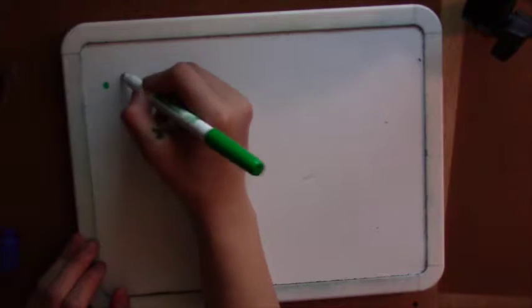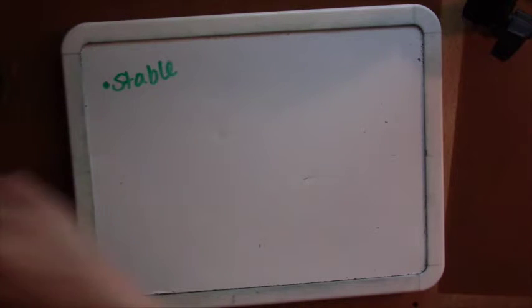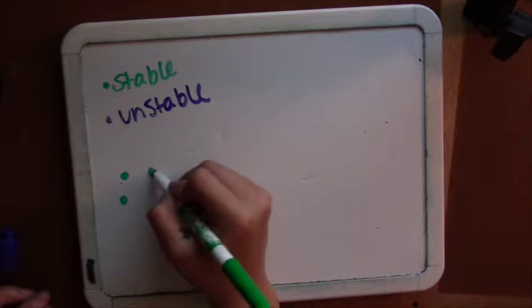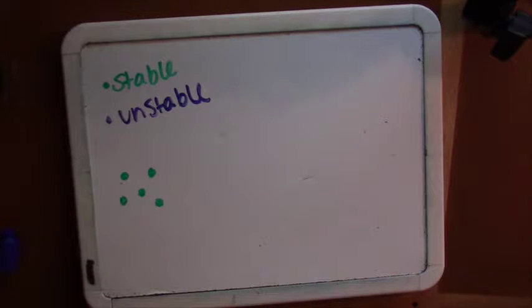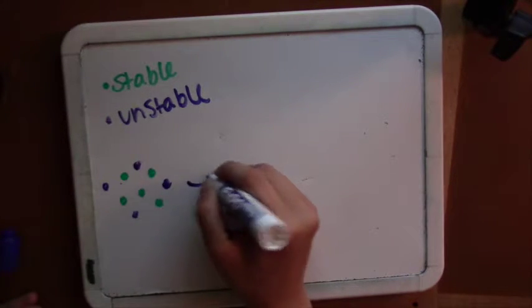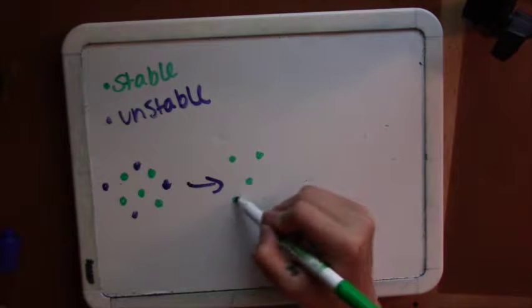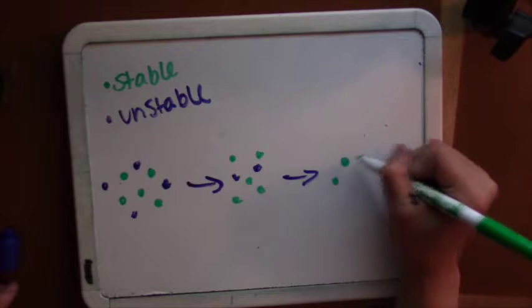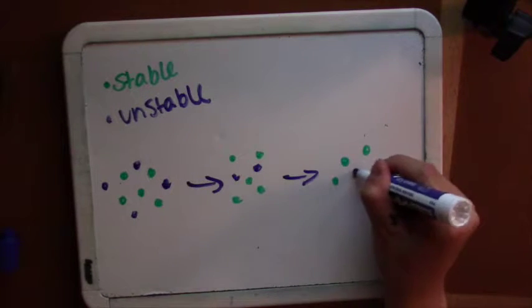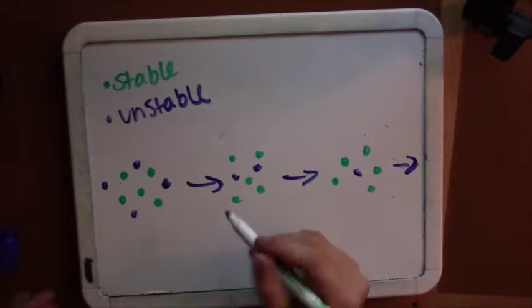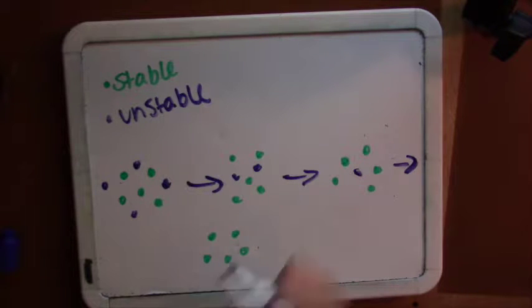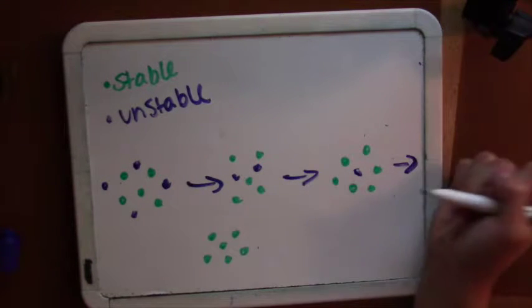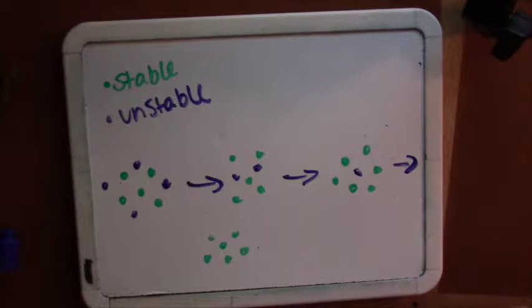So if we go back to the diagrams where green represents stable and blue represents unstable, you'll see that as time goes on, the unstable nuclei will decrease by half each time until there is no more left that is unstable, and as a result, you get a completely stable substance.